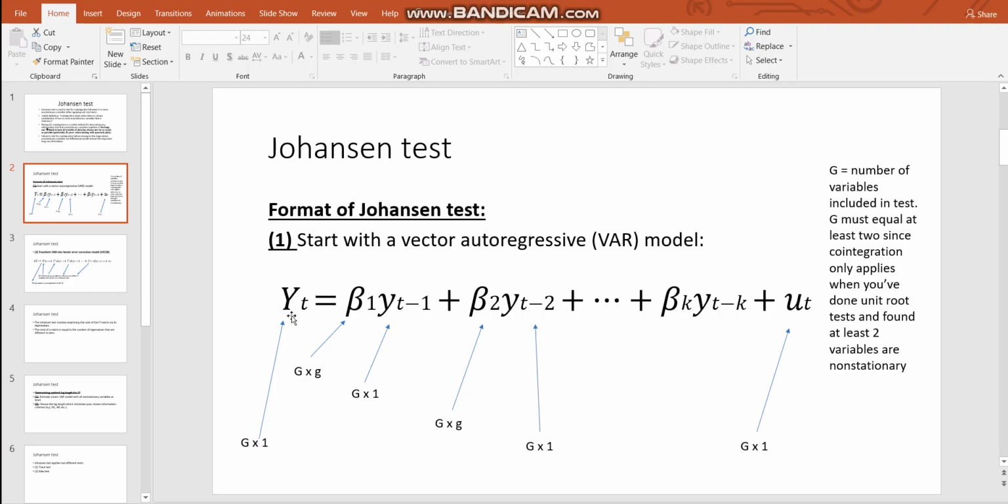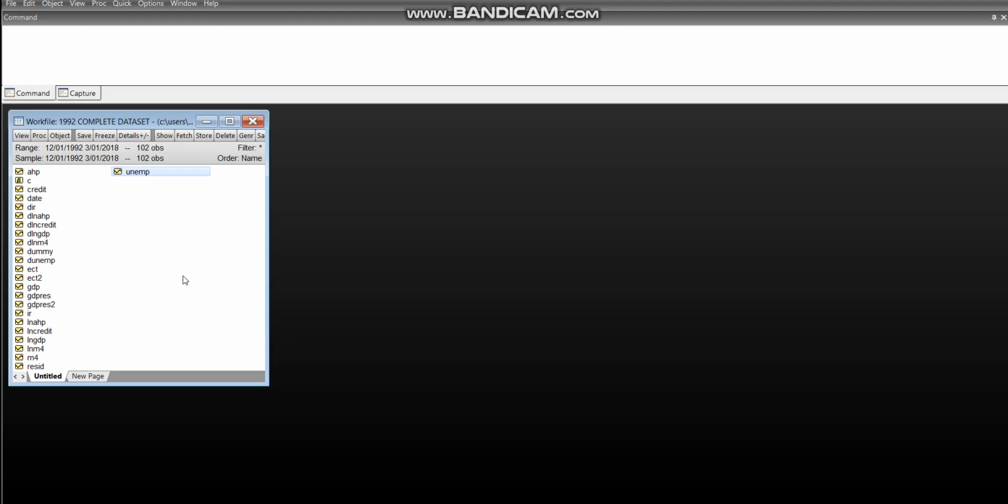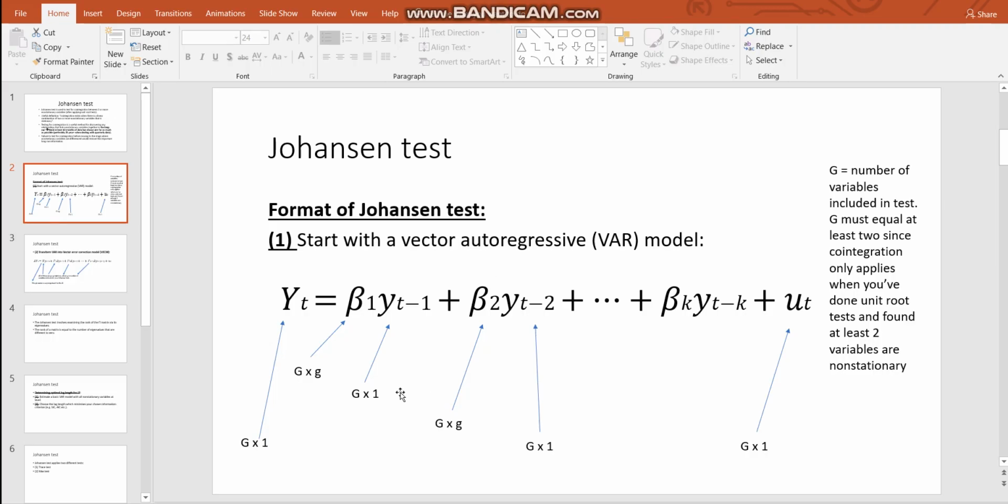And as you can see here, this is just a column vector. This coefficient, however, is a G times G matrix. This again is just a column vector. In my particular case, I have 5 variables in total that are non-stationary. So G in my example would equal 5. Hopefully that clarifies things again.